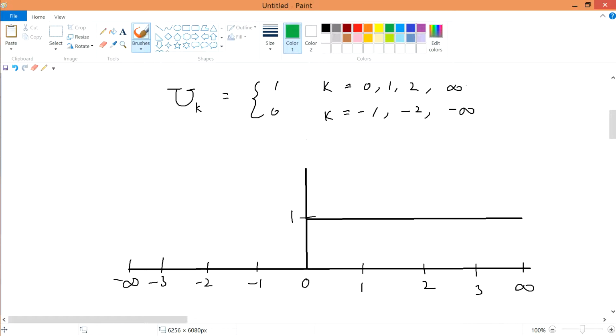If you still remember back in the Laplace system, the step input is simply anything from 0 onwards, the whole signal is on. Anything that is behind, or negative, is simply 0.